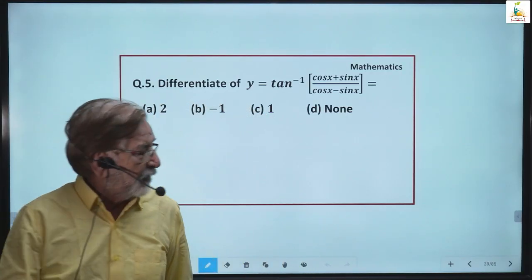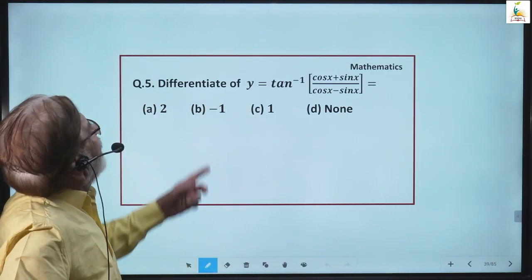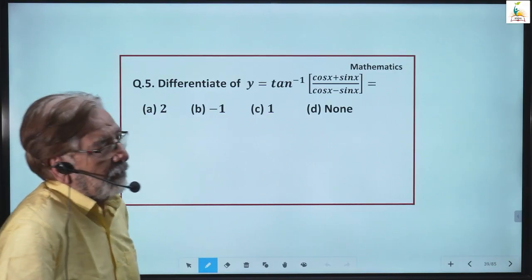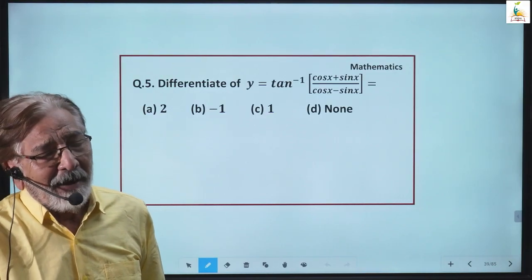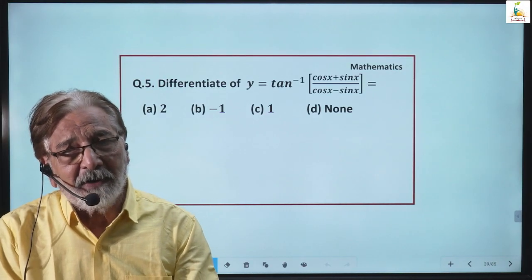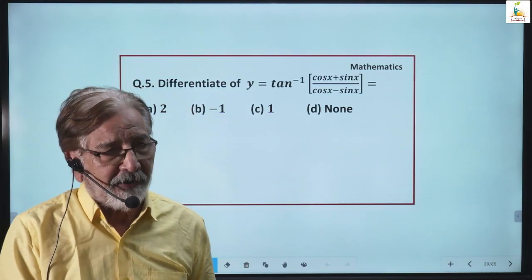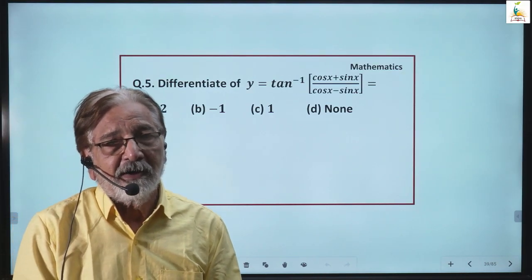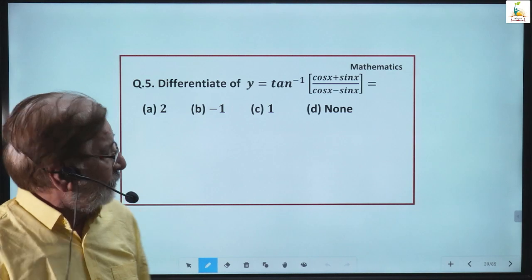Now, next question. Differentiate y equal to tan inverse cos x plus sin x upon cos x minus sin x. I can write cos x plus sin x upon cos x minus sin x as 1 plus tan x upon 1 minus tan x, and 1 plus tan x upon 1 minus tan x will be equal to tan pi by 4 plus x.